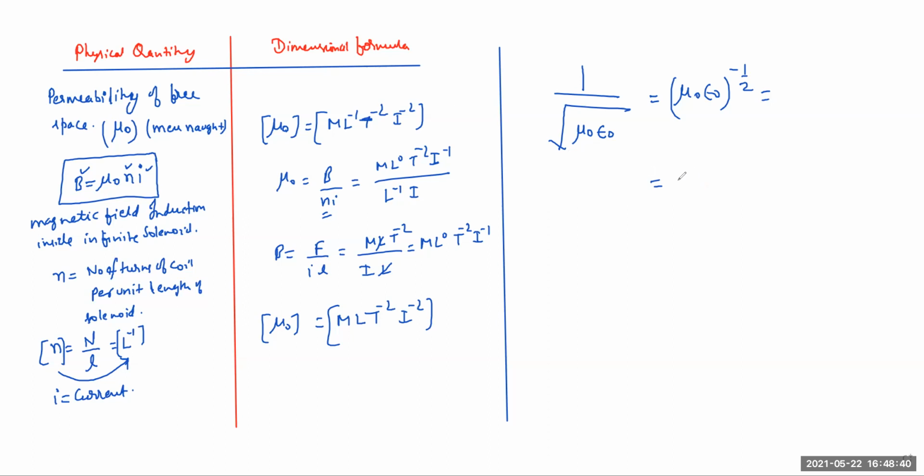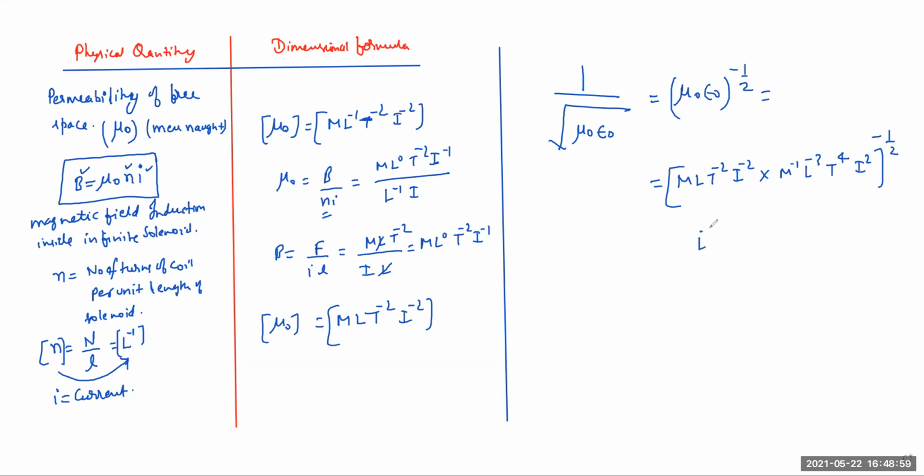So we have mu is M L T minus 2 I minus 2, and epsilon naught was how much? Once again, M minus 1 L minus 3 T power 4 I square, right? And minus half. So M will cancel out.